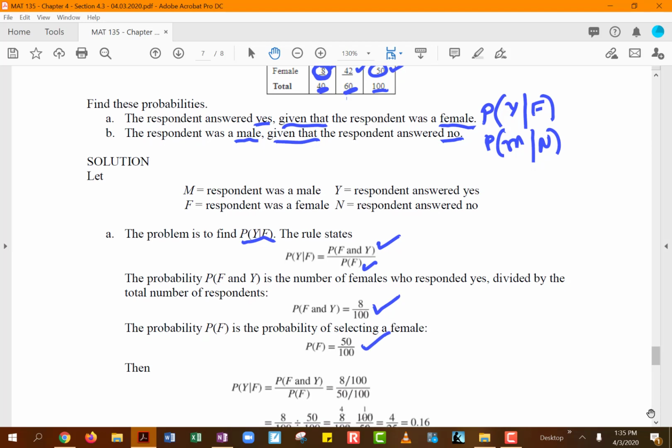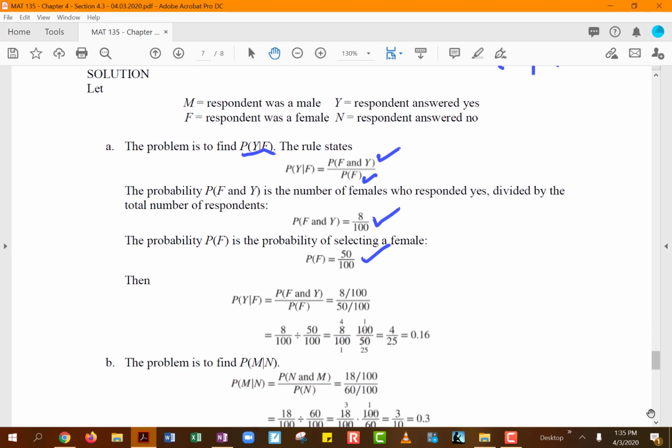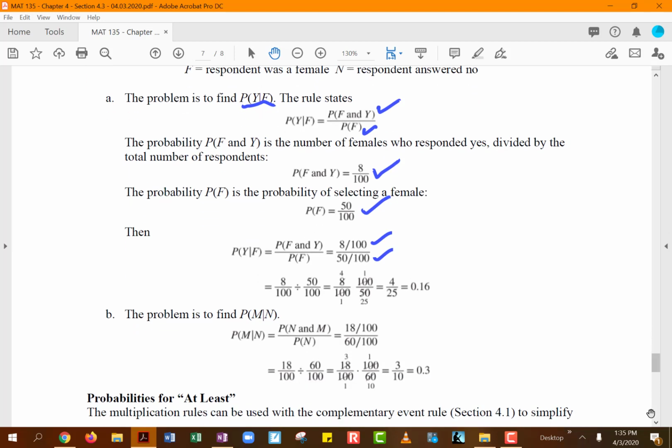So that's going to be 50 out of 100. So when you put this together, you would have 8 out of 100 divided by 50 out of 100, which would come out to be 8 out of 50, which would reduce down to 4 over 25, which would become 0.16. So there's only a 16% probability that they would say yes, given that they were females, which I think is really low if you think about that. But that's the answer for part A.